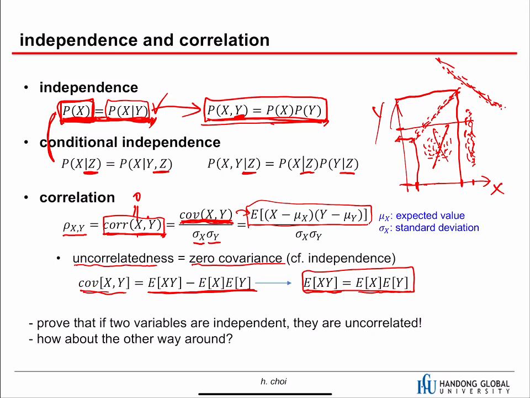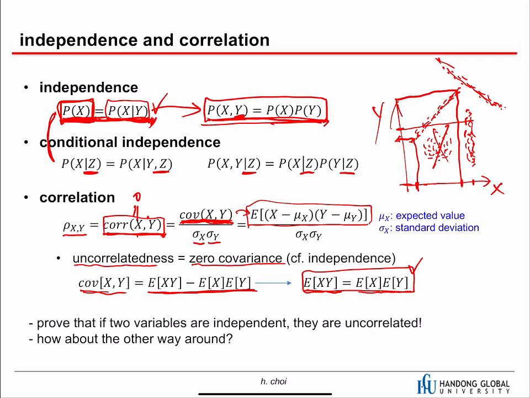When we have a probability distribution, we can calculate all the statistics or all the moments. If we know all the moments from the first moment to infinite moment, then we can define the probability. But usually the probability distribution is really complicated, so we usually use the first and second moments. Sometimes we can use the third and fourth. So we can use mean and variance, sometimes skewness and kurtosis. So this is about the second moment.